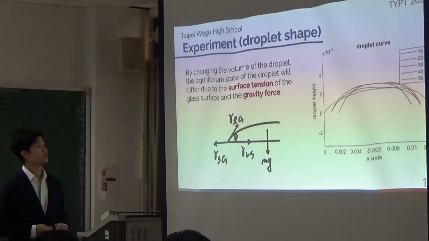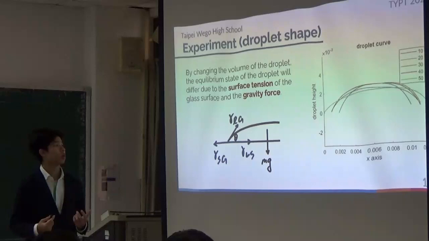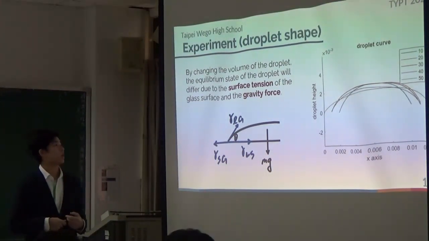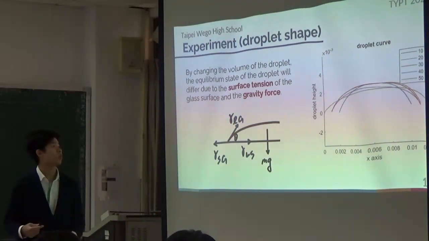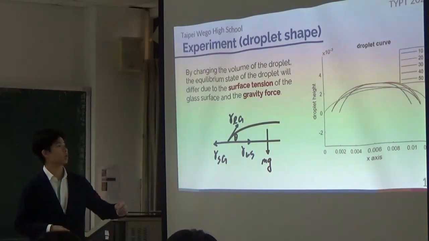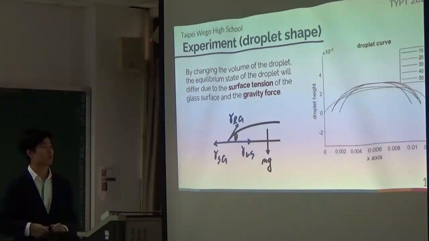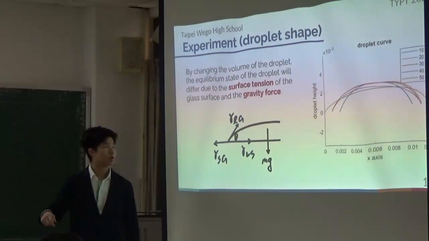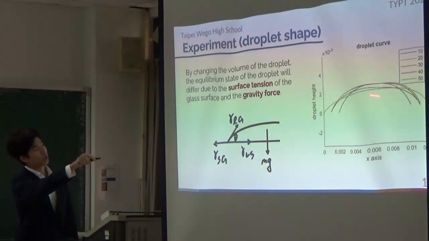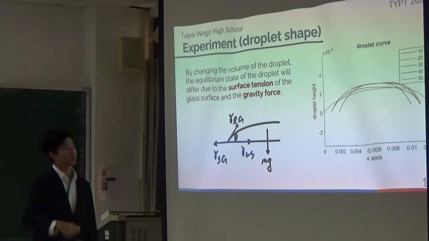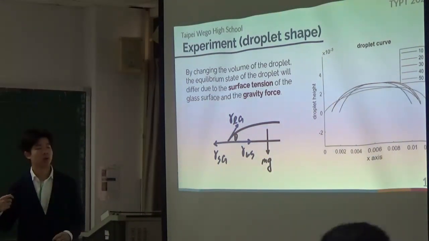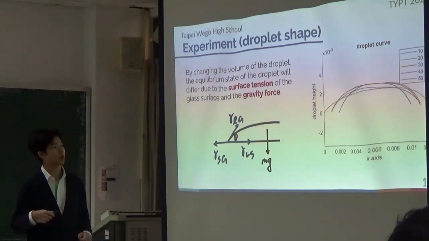By changing the volume of the droplet, we can know the equilibrium state of the droplet will differ due to the surface tension of the glass surface and the gravity force, so that it will be flatter when the volume of the water droplet is bigger.